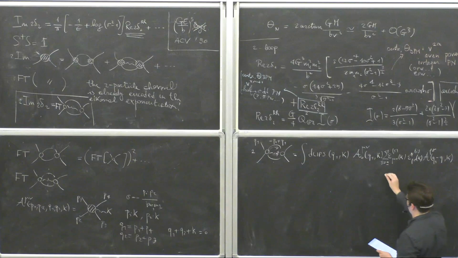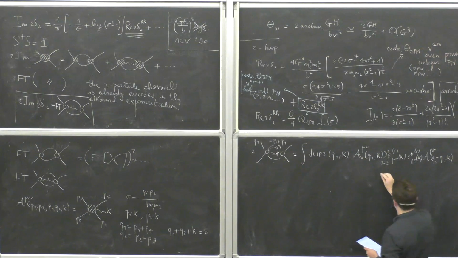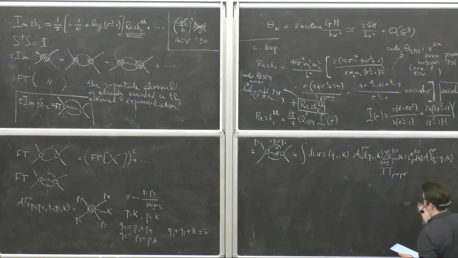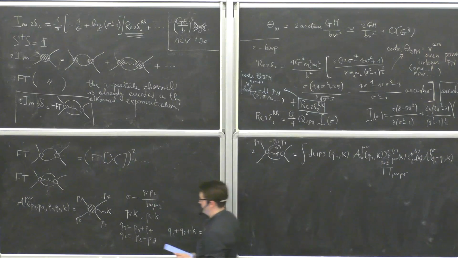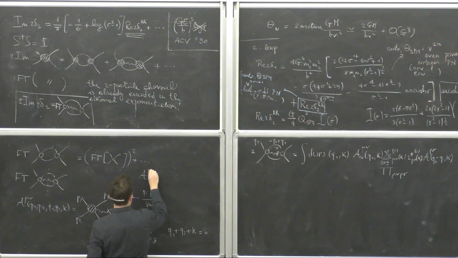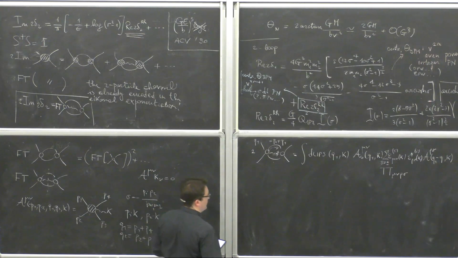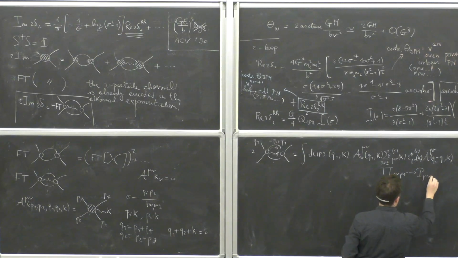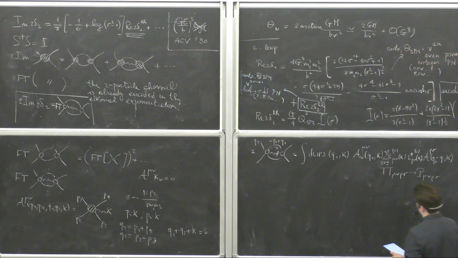However, here we can use our formula that already appeared this morning. This can be traded for this projector mu nu rho sigma, but as long as this 2 to 3 amplitude satisfies the Ward identity or the gauge invariance condition, we can simply replace this with the P that already appeared this morning. Let me not write it down again.